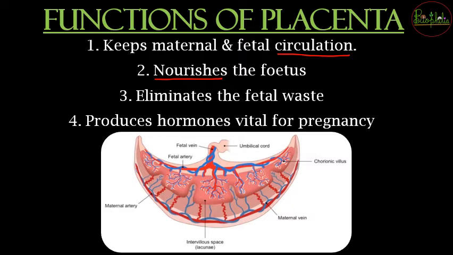Then to eliminate the fetal waste, that can be in the sort of feces or urea or any other fecal waste, and also to produce some hormones which are going to be vital during the pregnancy. Those hormones we just saw, the 8 hormones of the placenta, will be produced or secreted by the placenta. So these were the 4 important functions of the placenta.